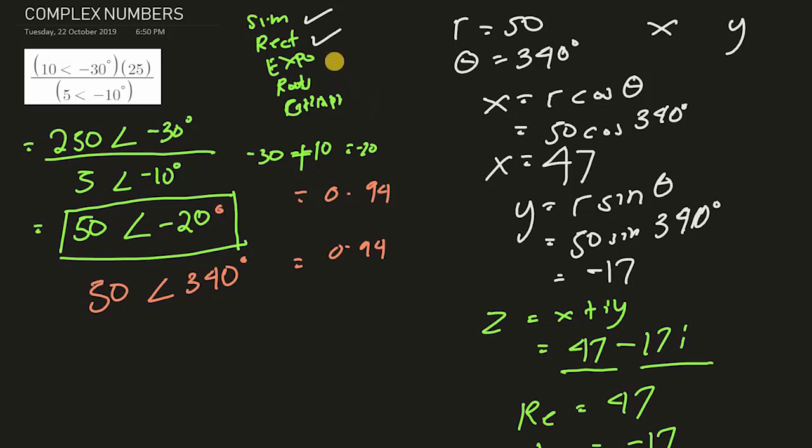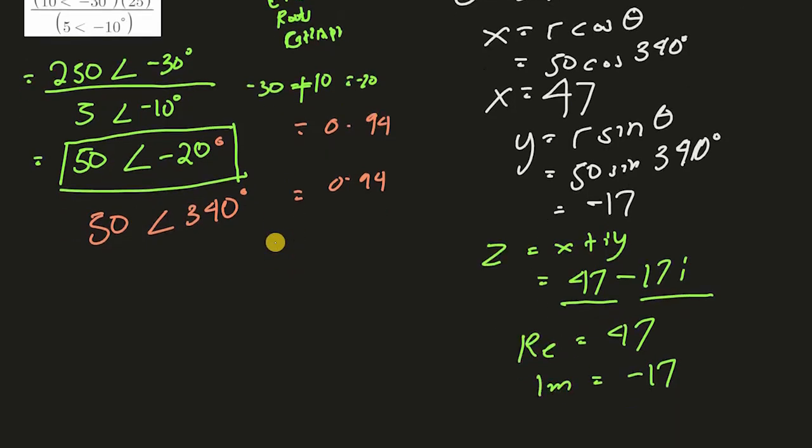Next, i-convert naman natin siya into exponential form. So, ano yung gagamitin natin to convert to exponential form? Basically, huwag yung rectangular kasi mas mapapahaba. Balik tayo kasi meron na tayong polar. So, let's convert this to exponential form. We know that exponential form is z is equals to r e to the i theta.